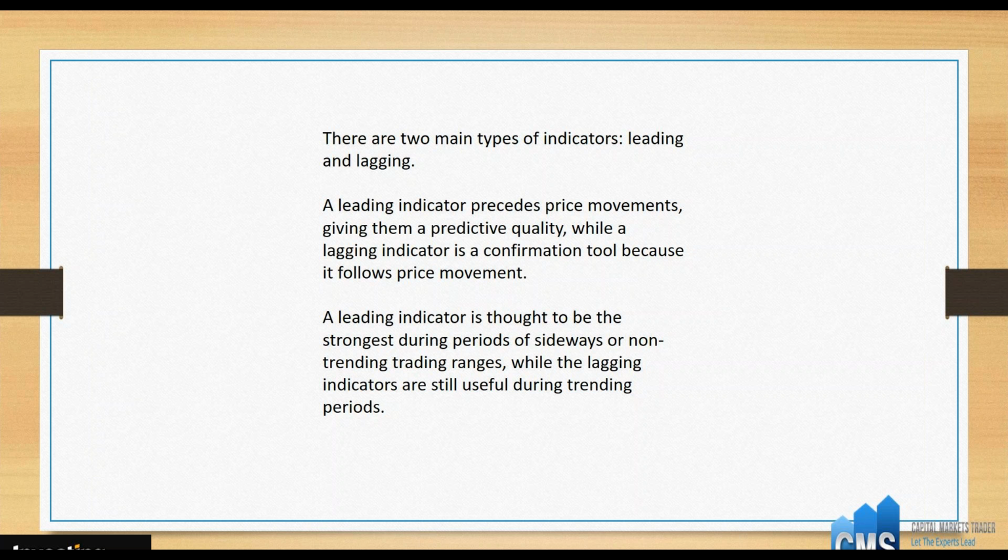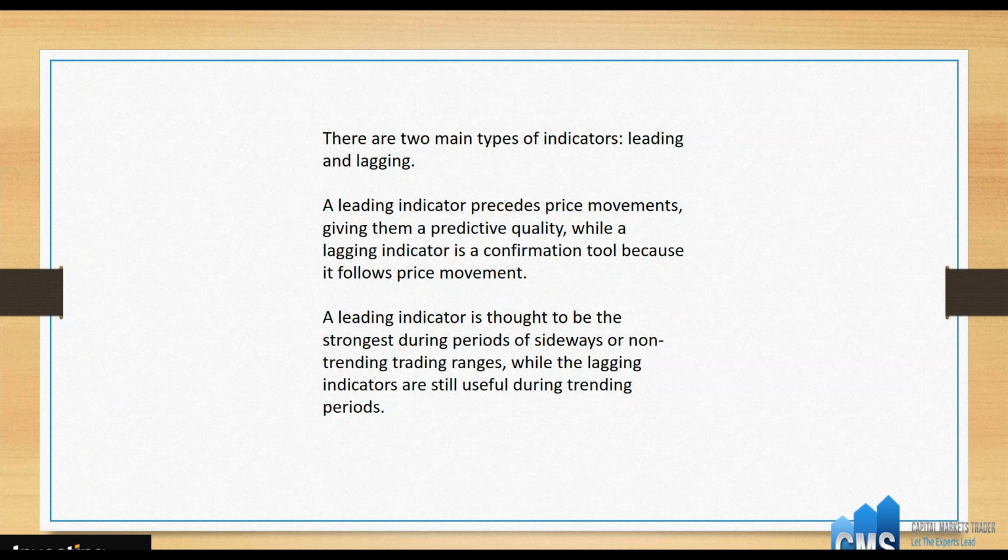A lagging indicator will tell you right when that trend has ended, because the end has already happened. So it's lagging slightly behind, but it's confirming that that trend has ended or a movement has started.